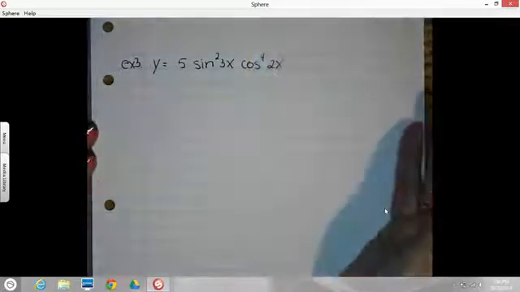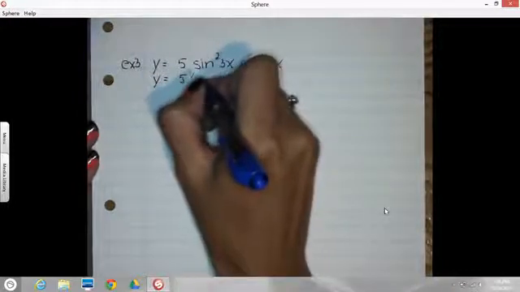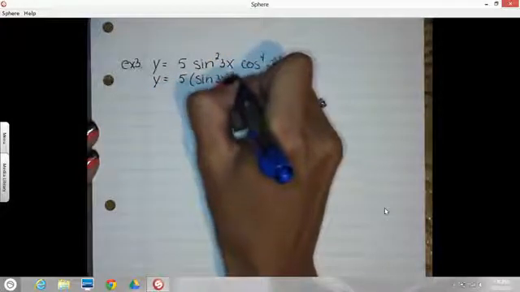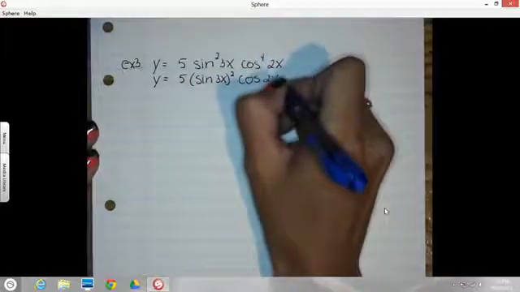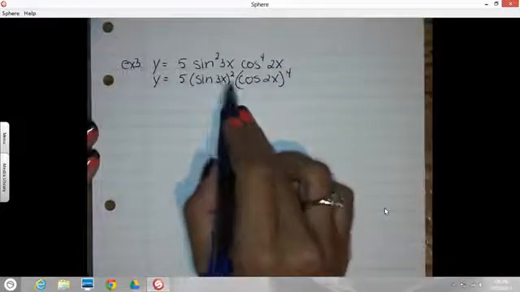I'm going to take the time to rewrite that. 5 times sine of 3x squared, and then cosine of 2x to the 4th.